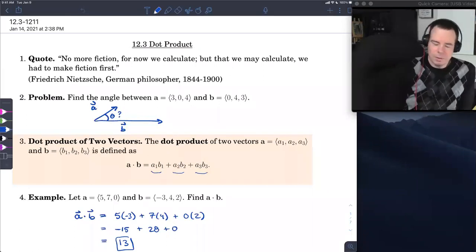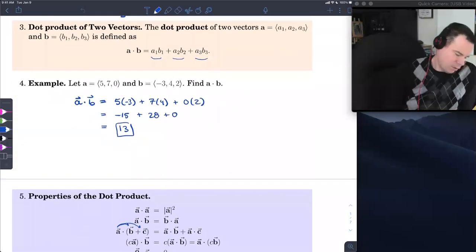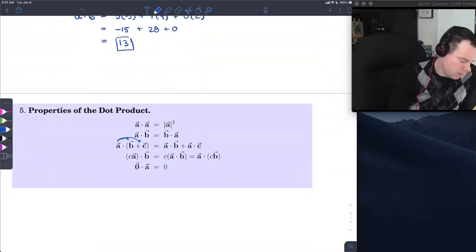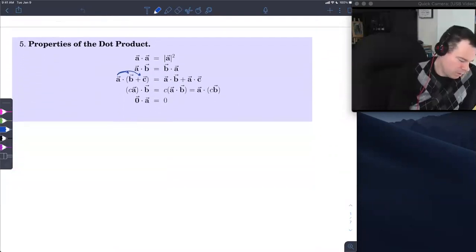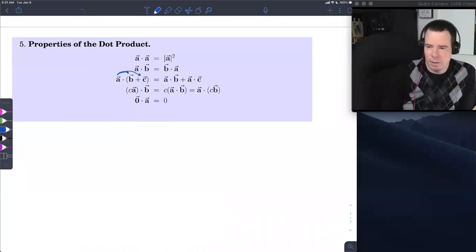All right, so we covered a basic example of a dot product of two vectors, just to see what the mechanics are of actually computing it. And then we summarized some of the properties of the dot product. All of these properties follow immediately from its definition in terms of the products of the components all summed together.